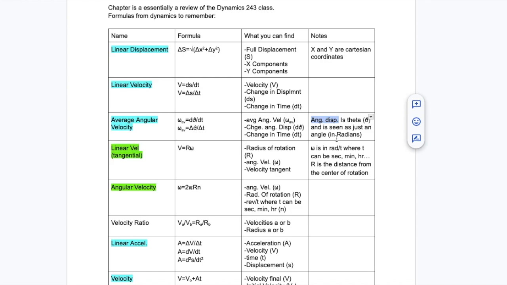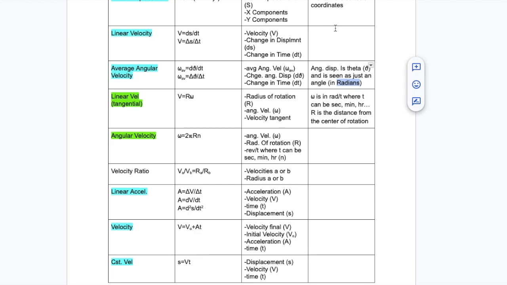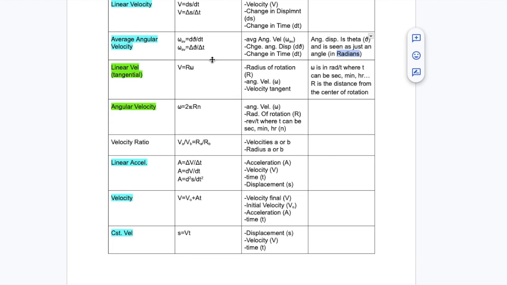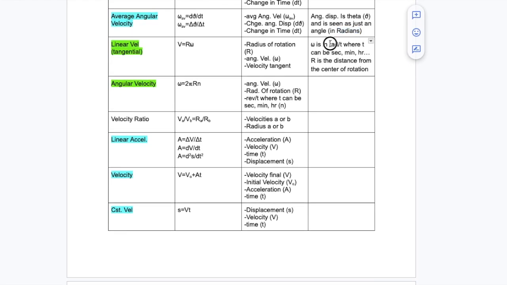That angle is your displacement, right? That makes sense. Like a distance. Use radians when you're working with angular displacement. It works out easier for you, so keep that in mind. For some of the formulas, you will always need to go with radians. Radians is the unit used.